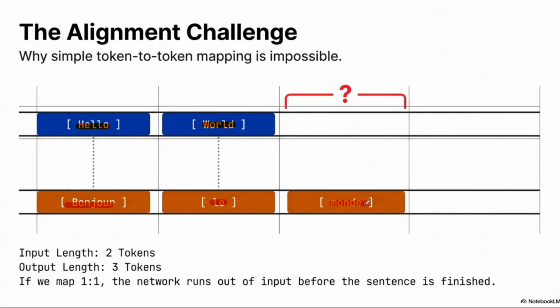We cannot simply map the first one to the first one because we have different structures and lengths, so this final word wouldn't have a matching one. We need a system that can digest the 2 input tokens and somehow understand that it needs to generate 3 output words to capture the same meaning.